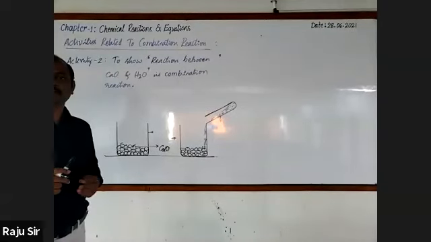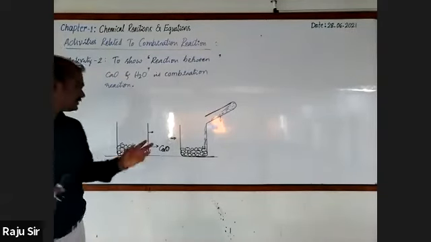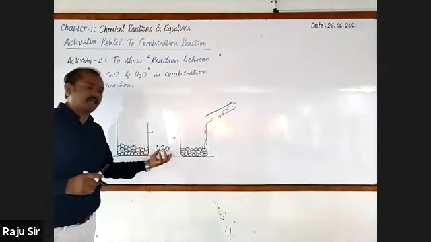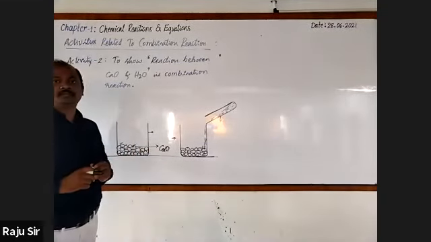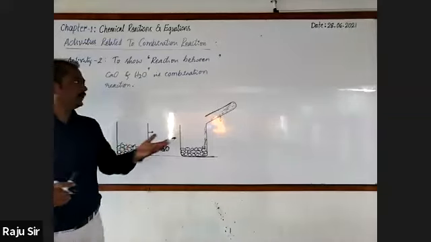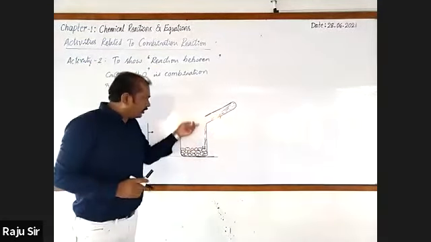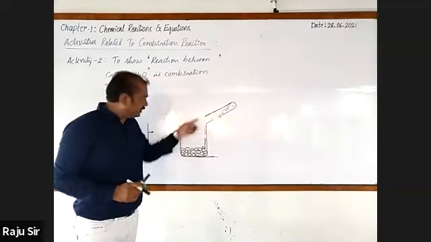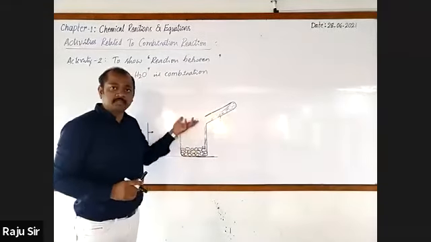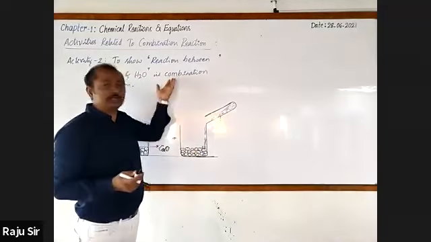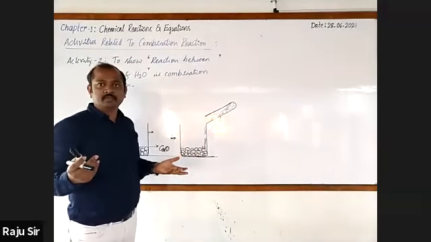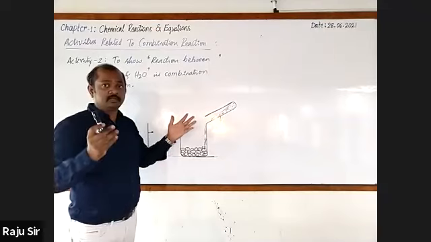Is it not simple? See, the first point is take some crystals of calcium oxide in a beaker. Second point is add water to it along the inner wall of the beaker, because you know that the reaction between these two is vigorous, and it should not spurt.